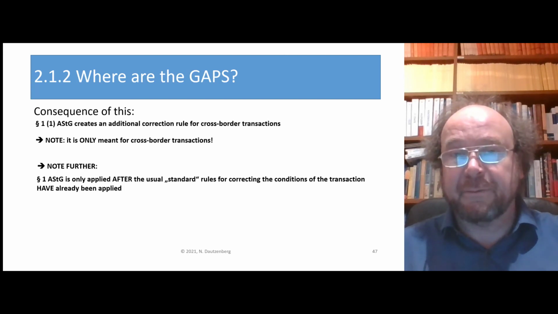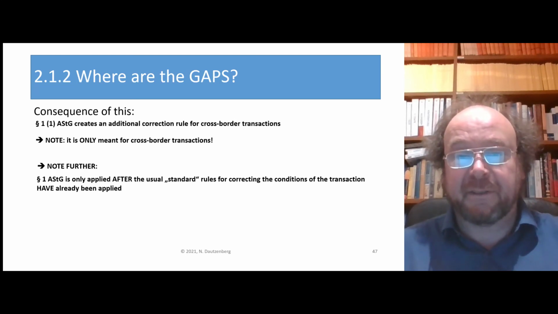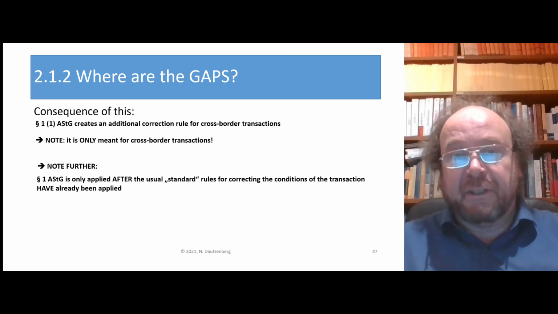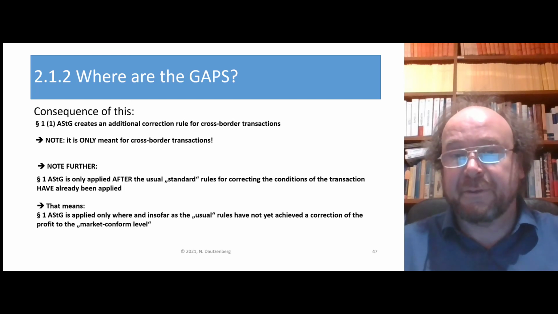All these standard rules are applied first, and only the remaining difference to the market conform profit will be additionally corrected under 1 AStG. So 1 AStG is only applied if and insofar as the usual rules have turned out not to be sufficient.